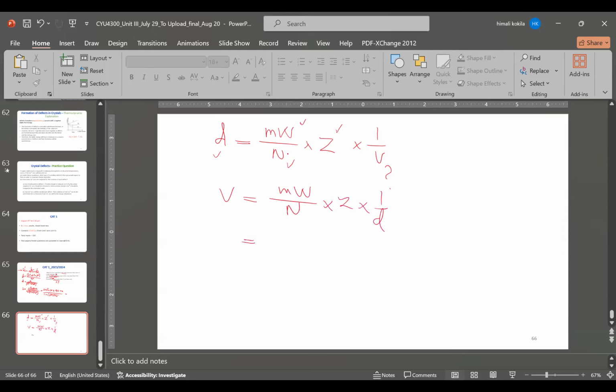So atomic weight is 207, Avogadro number, number of atoms in the unit cell 4, and the density given as 11.35 maybe, in grams per cubic centimeter.